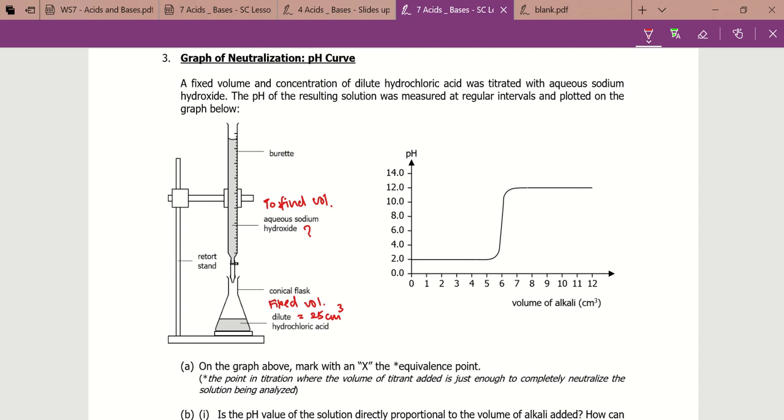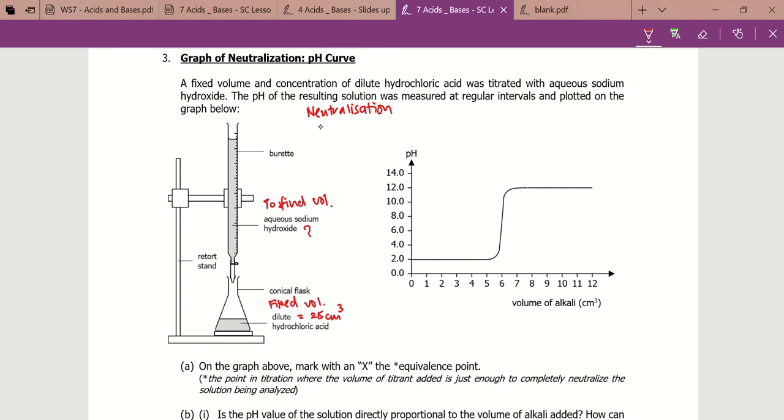I will need to carry out this titration process, and I will need to chart the change of pH as I add in more and more sodium hydroxide and find out when exactly is the point of neutralization of both solutions. The reaction that we're talking about here in context is a neutralization reaction.